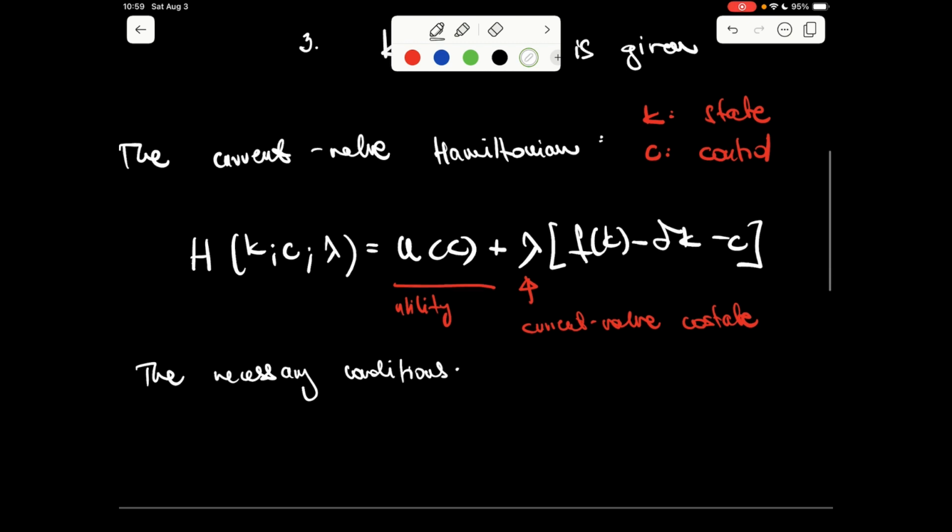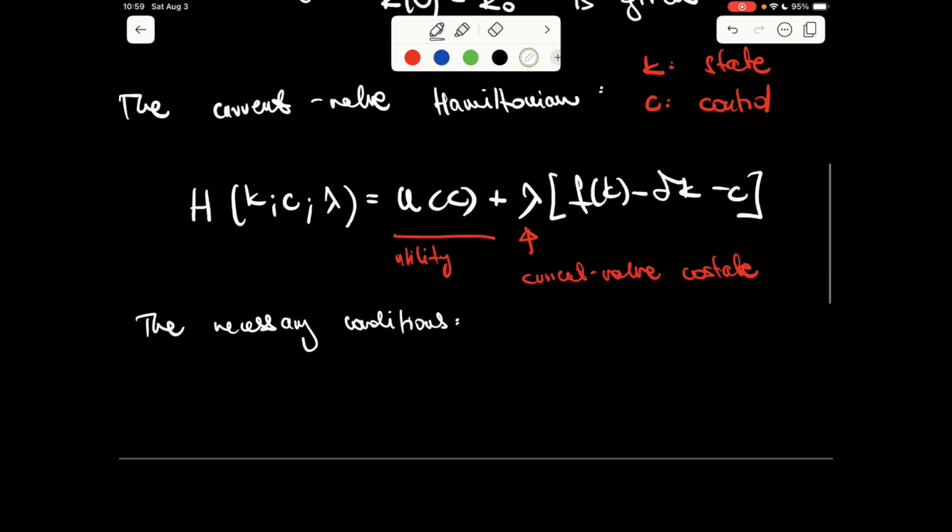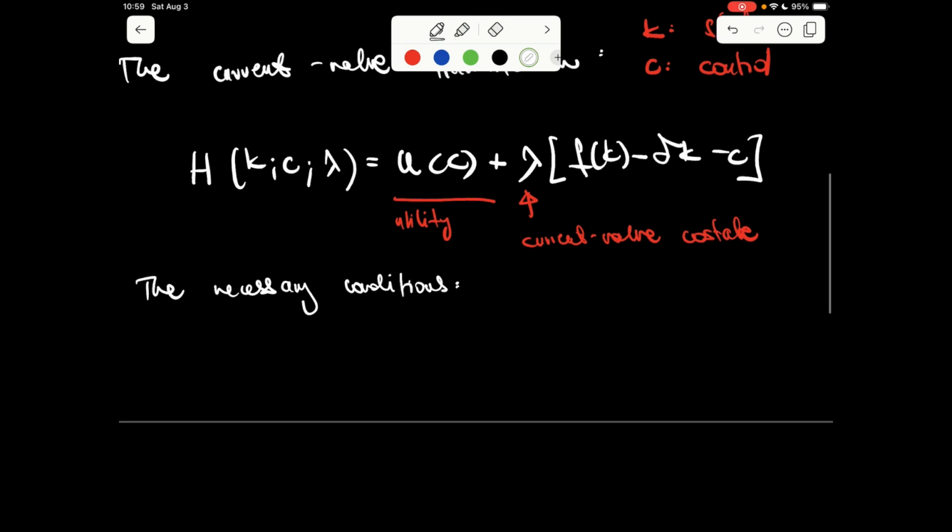For the necessary conditions, we differentiate the Hamiltonian with respect to the control, the state, and the co-state. So, with respect to the control, which is consumption, this is the necessary condition.